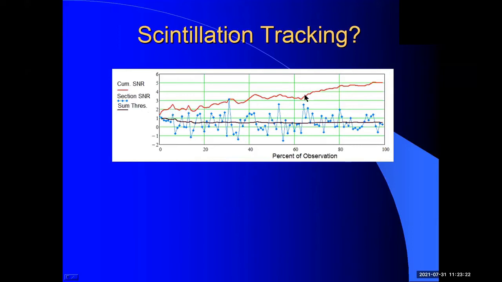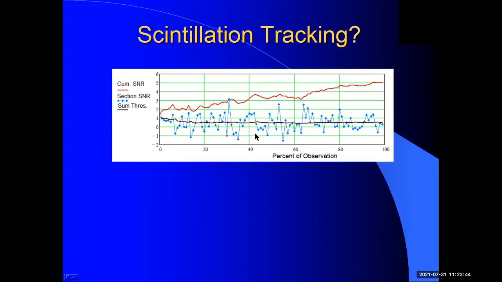Now this cumulative curve will only rise if the section signal to noise ratios lie above this line. If they lie below the line, then it starts to fall. There's a section here where it's below the line and it's falling.